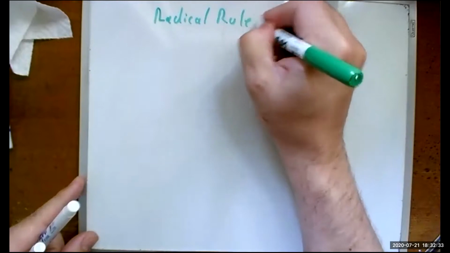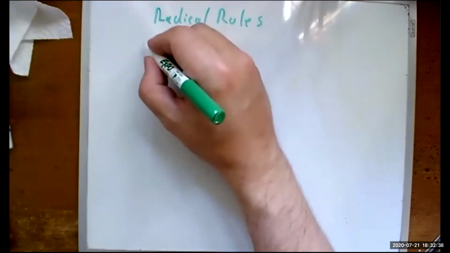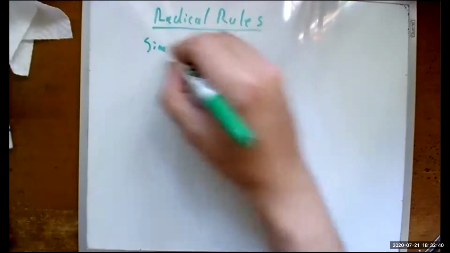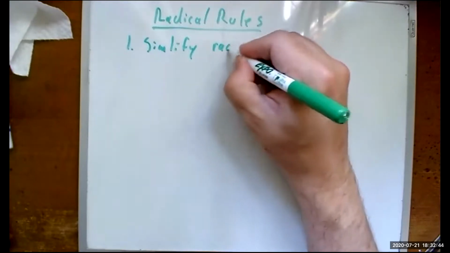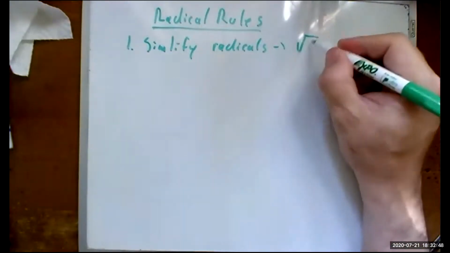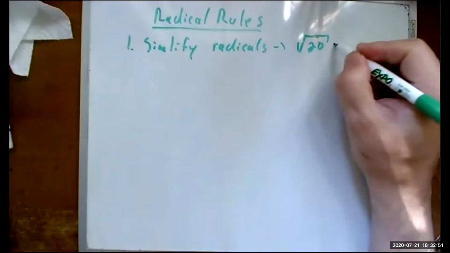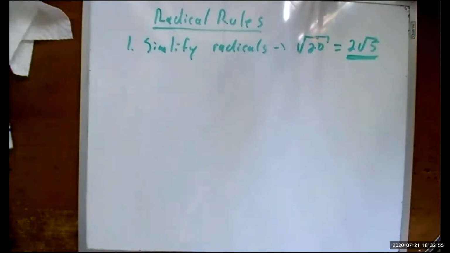So I'm just going to make this really, really simple. Always simplify. One, simplify radicals, which is to say, if you've got root 20, that should actually read as 2 root 5. If you can make it simpler, make it simpler.